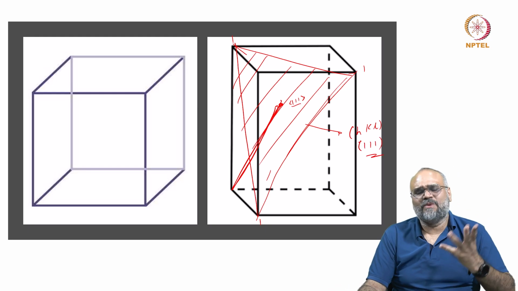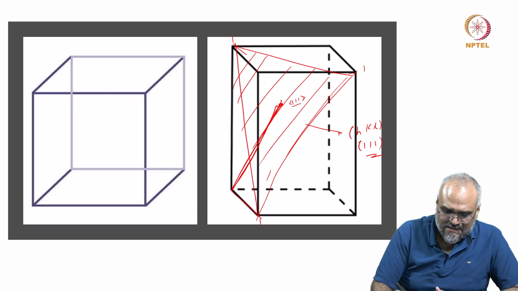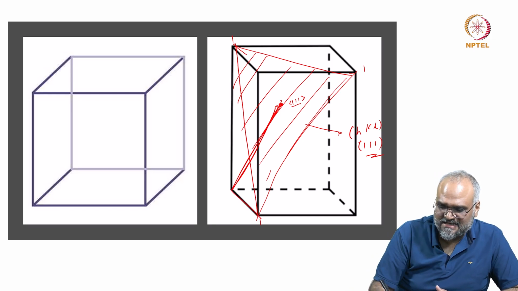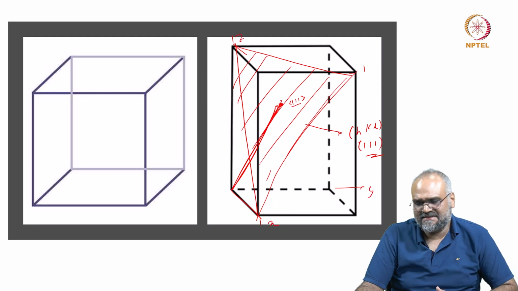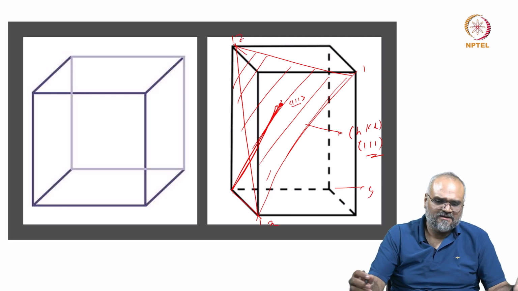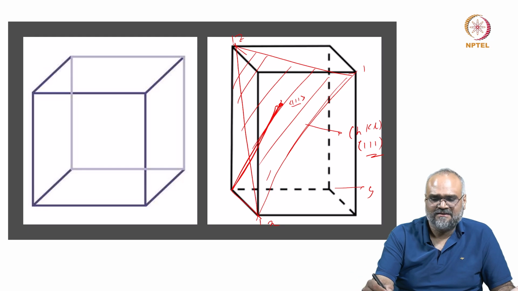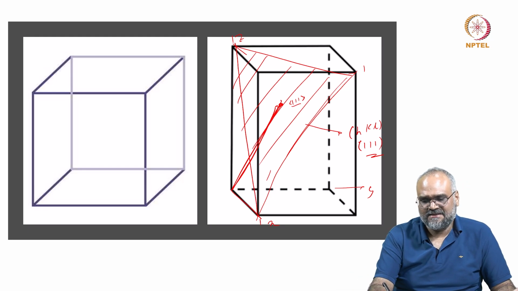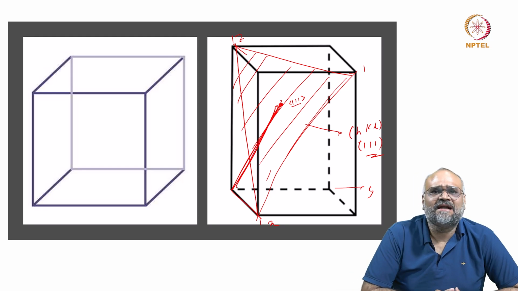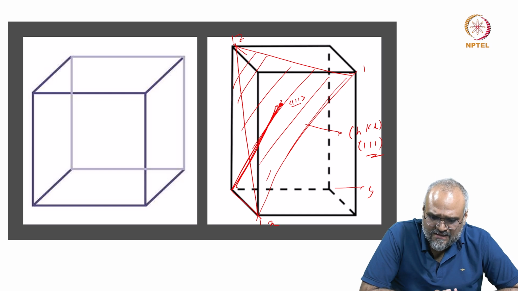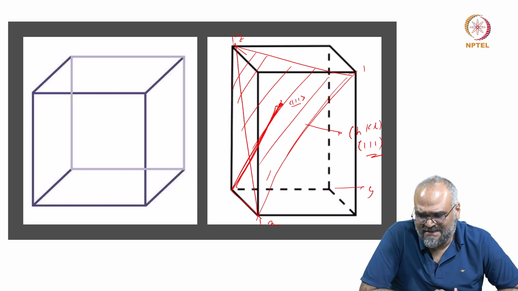I can do it in two ways. I can either take the intercepts with the respective x, y and z axes and then find out, or I can simply get these plane normals and connect them with the origin and then get the Miller's indices.